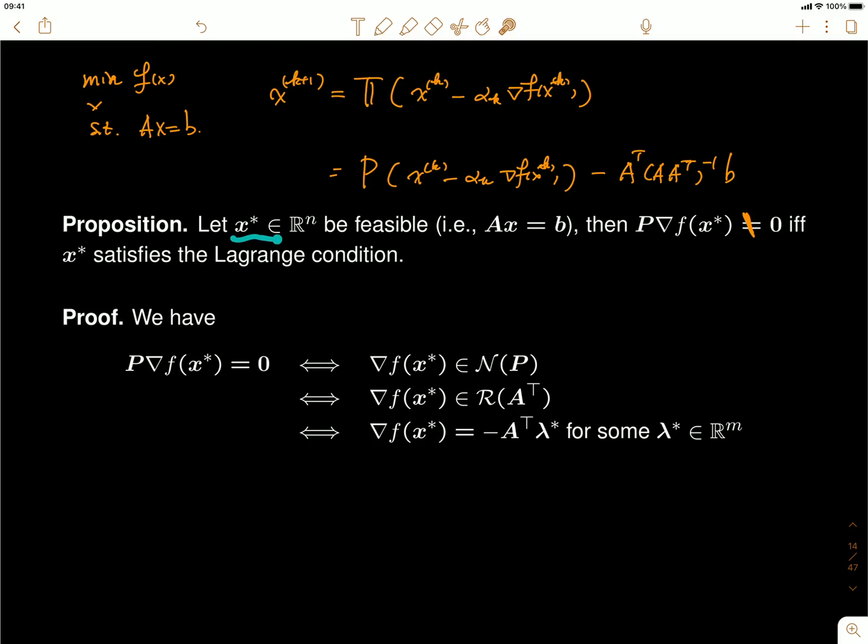In other words, if x star is a feasible point, meaning that A x star equals b, then the point x star satisfies the Lagrange condition if and only if P times gradient f of x star is zero.